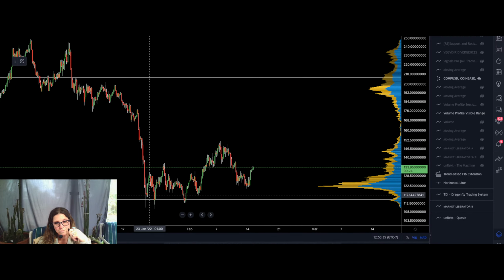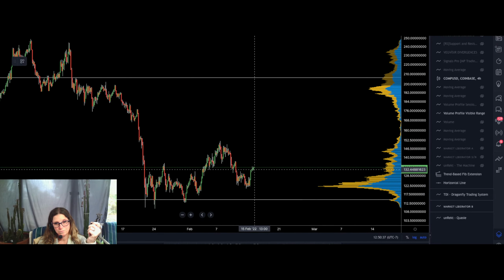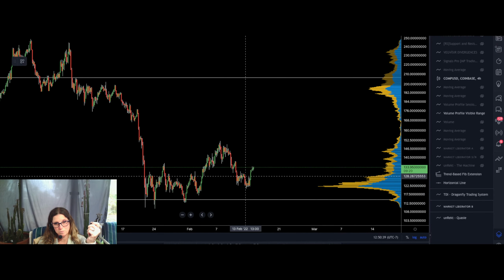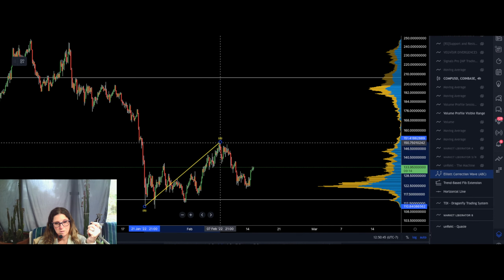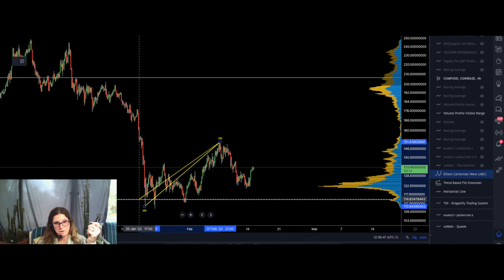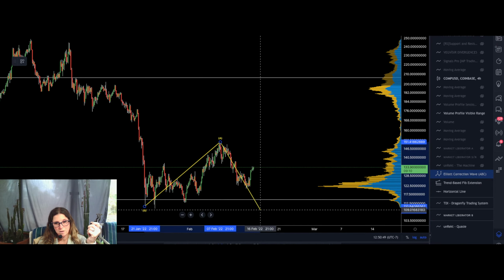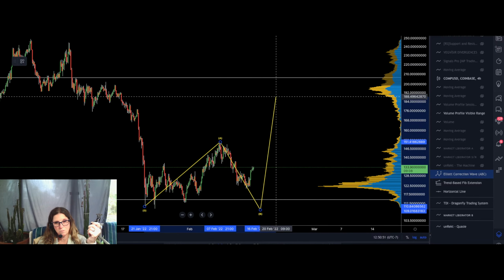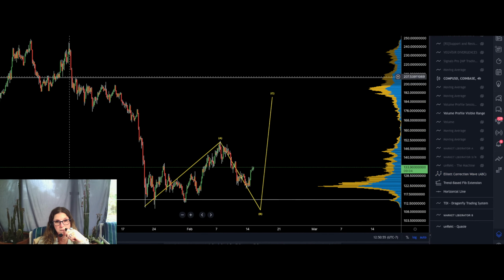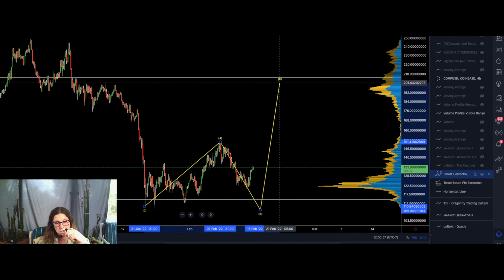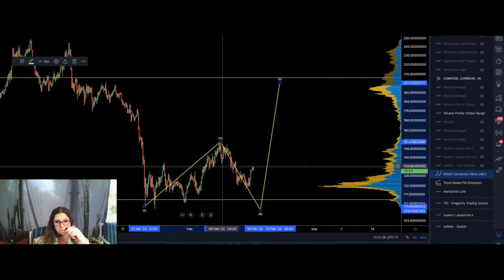And now we have this little connector, which means this could potentially come deeper. But what it can do is make this an A, come deep, and even if it breaks the bottom a little bit, then you can get a big C wave up for a flat. That is really what it needs to do. Get it back up into this 4th wave territory, and then truncate for a 5th.